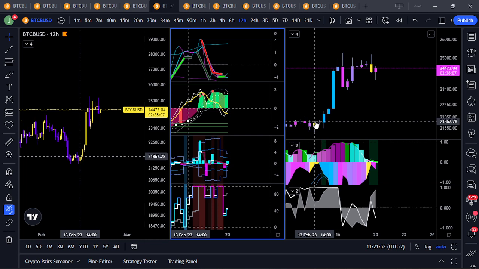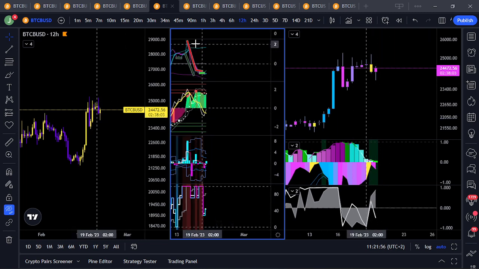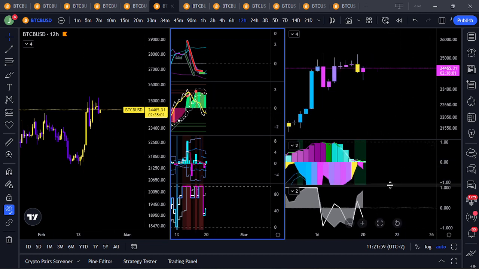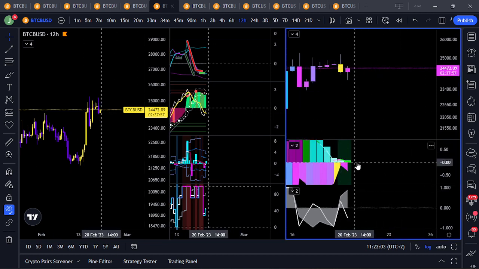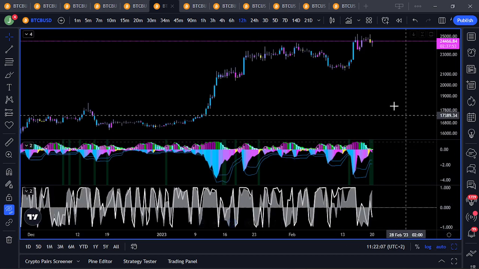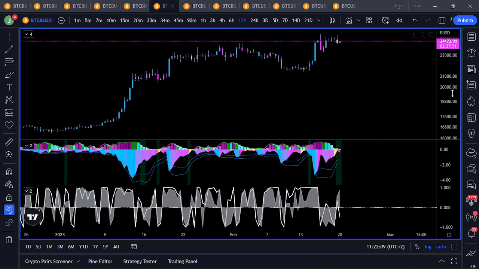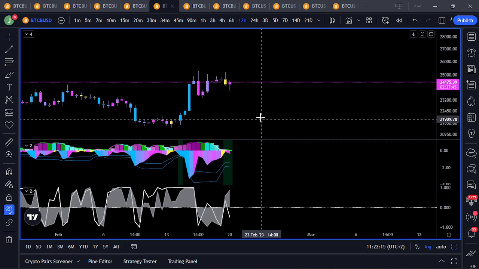Now we have the 12 hour, which has a whole bunch of action, bear divs, bull divs, and all sorts of fighting going on. But what can we see? We can see that it is also sideways and looking for a trend, because volatility needs to expand now on the 12 hour. So what I can say here is patience will be a virtue, and I'm guessing that there will be some drift up.